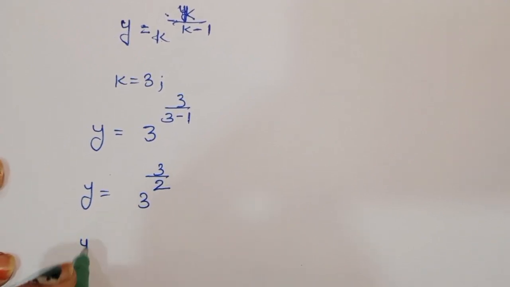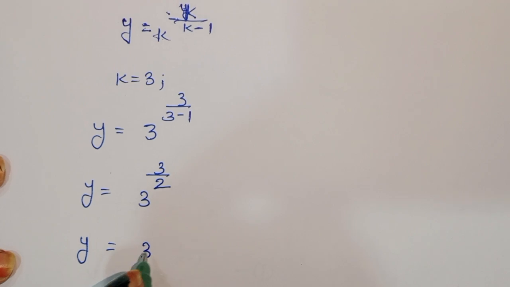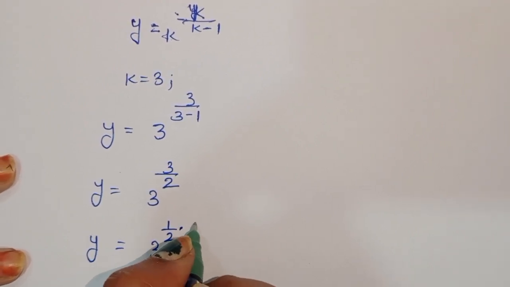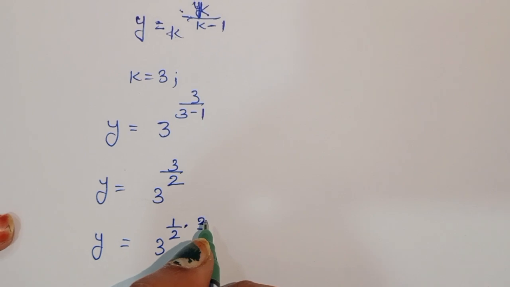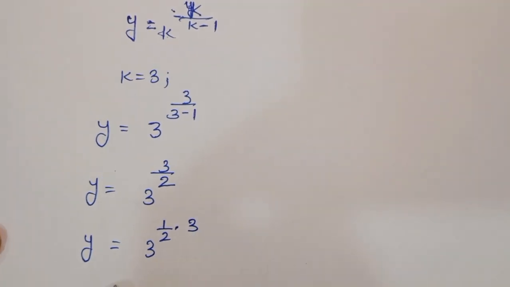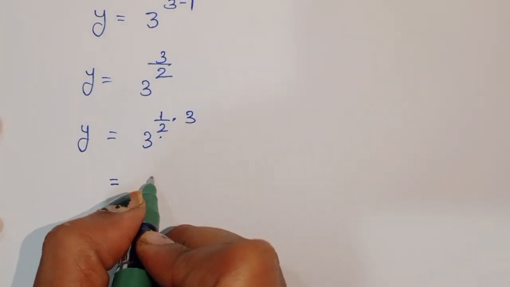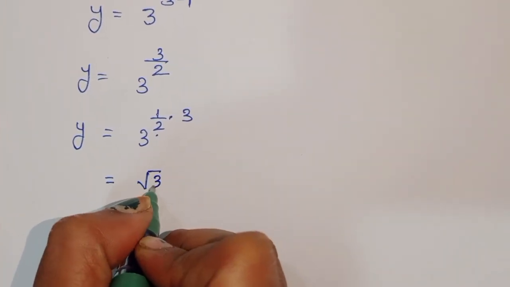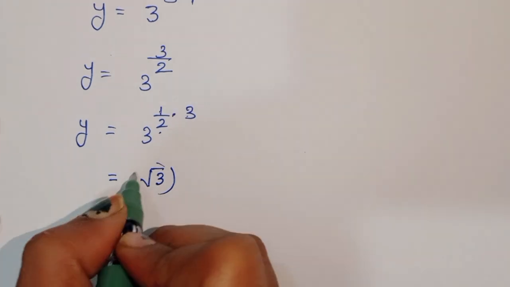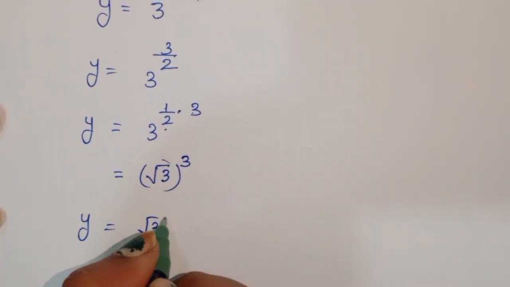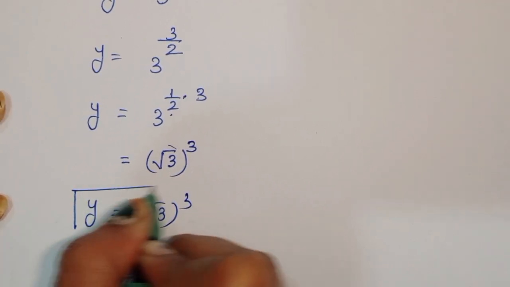So we can write this as y equal to 3 raised to 1 by 2 times 3, that is, the square root of 3 cubed. So y is equal to square root of 3 raised to 3. This is the value of y.